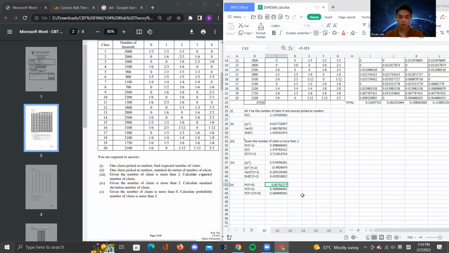0.58579. Okay, so how to find the probability that Y is greater than 2 is the same as our solution above, right? Okay, which is here. Now we are going to find the probability that the number of claims is more than 2. So how to find it?